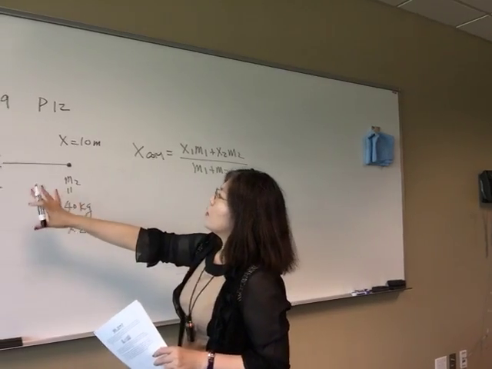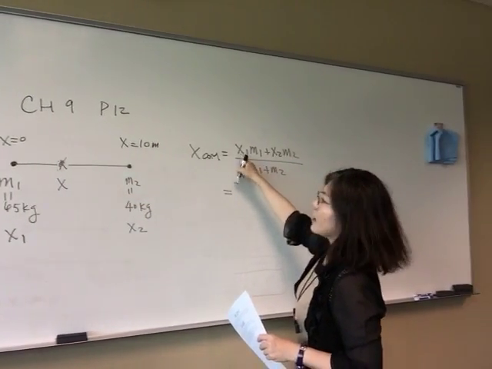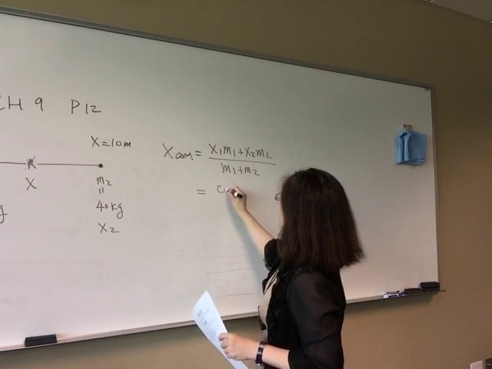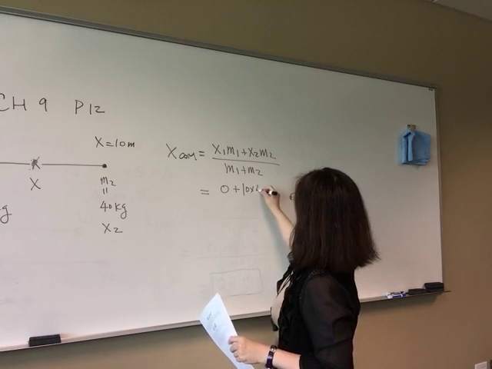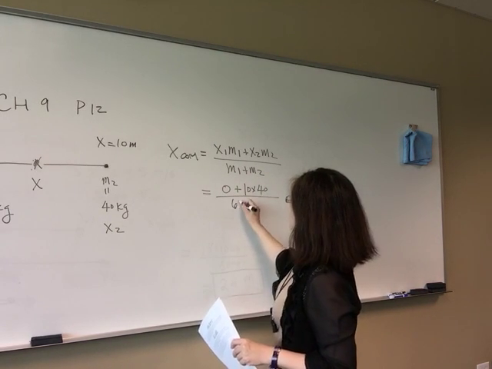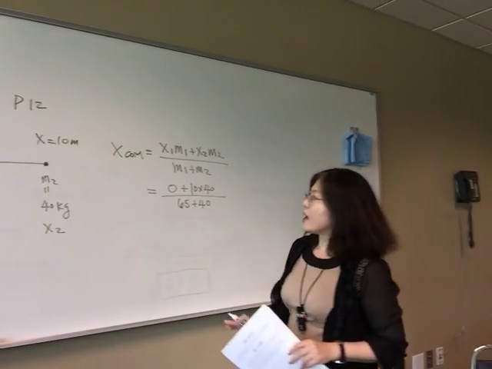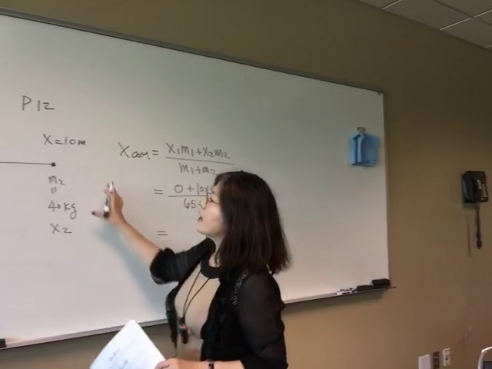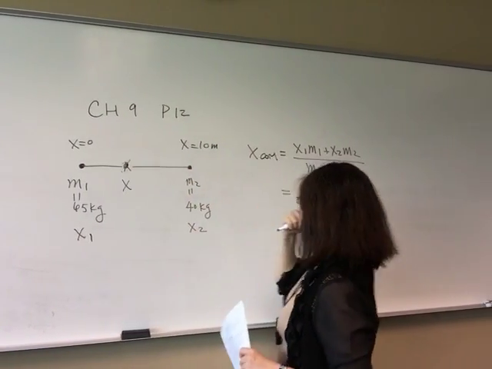So before they meet, you will have this value: x1 is 0, and x2 is 10, and m2 is 40, over m1 plus m2, so 65 plus 40. This is where the center of mass should be located. Now, when they move toward this point, this is where the center of mass would be. So what would that be?